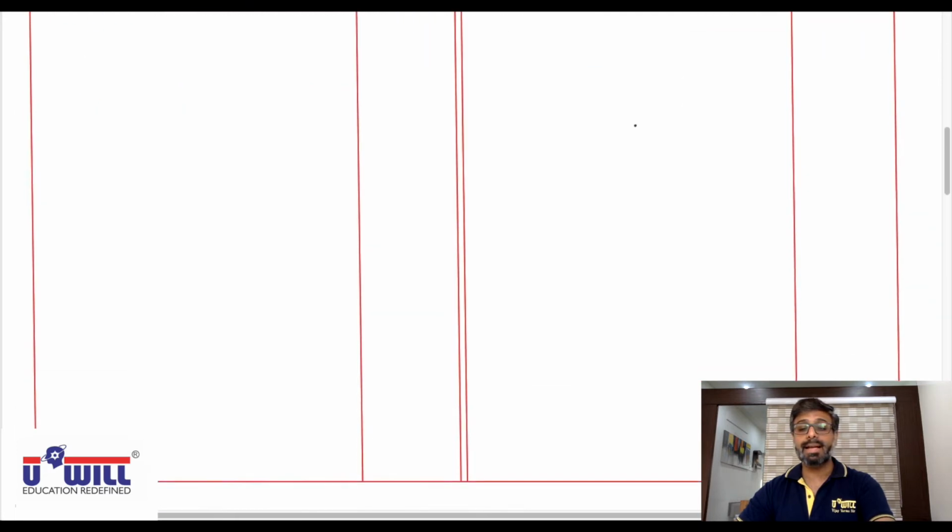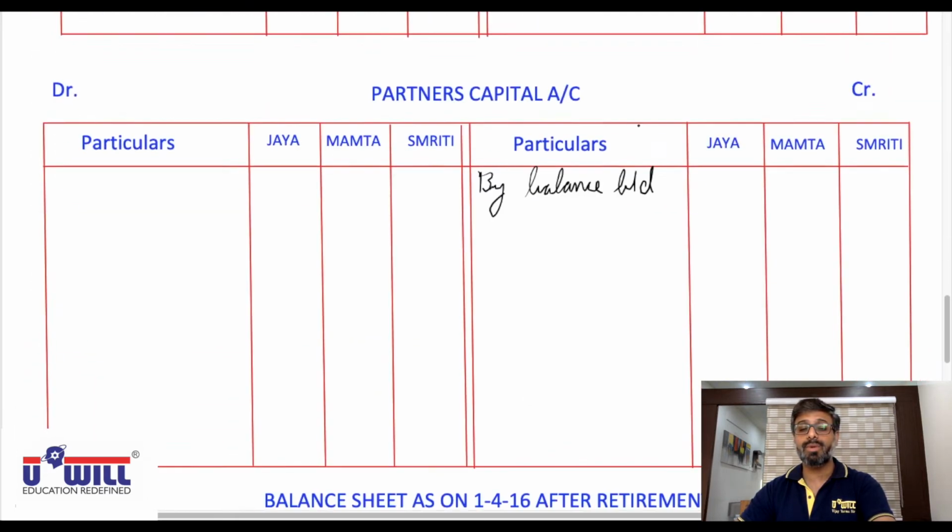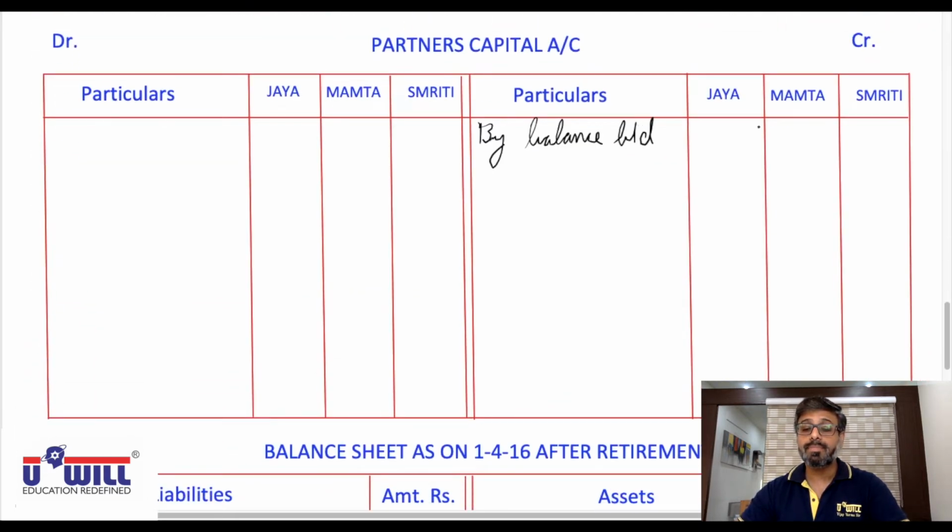Two lakh, 1 lakh and 90,000. So all of you write down 2 lakh, 1 lakh and 90,000. I hope everyone has recorded that.